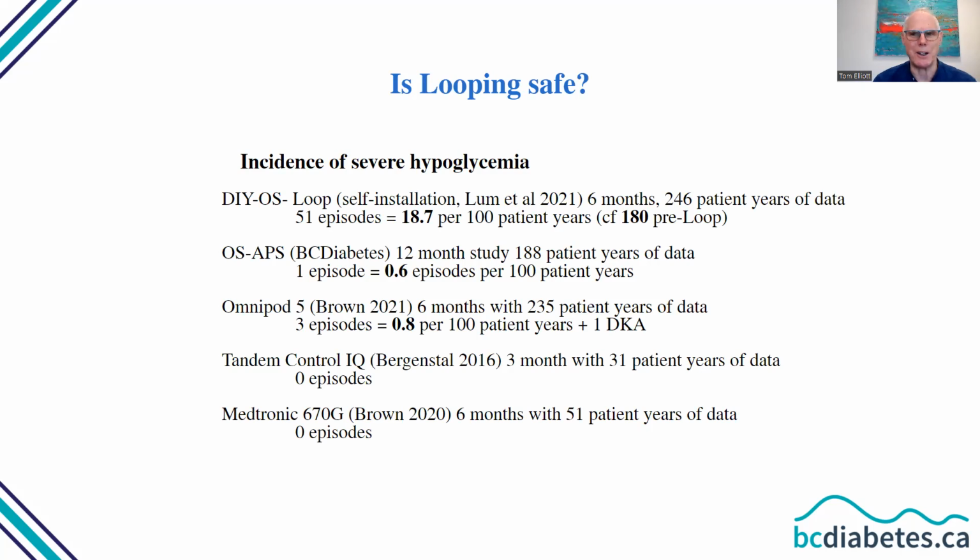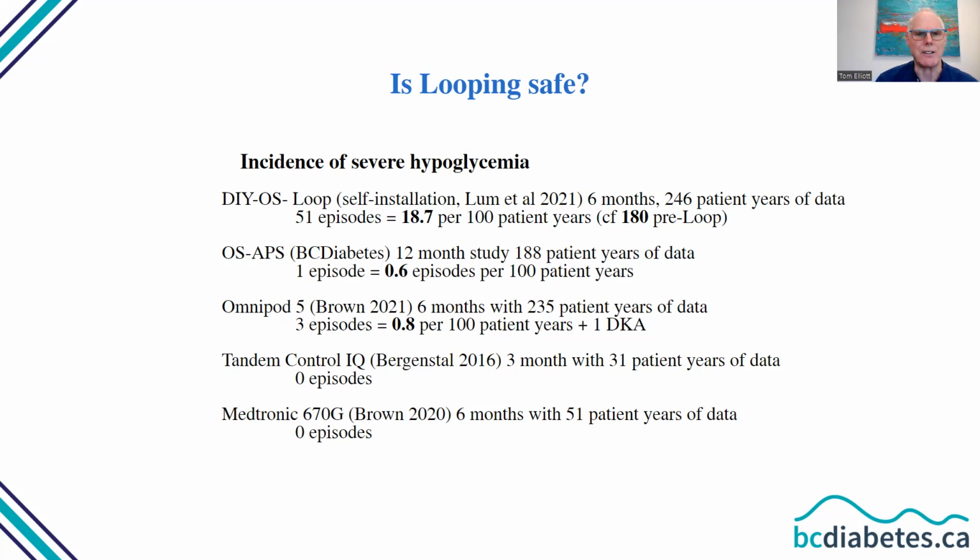What I've done to help answer the safety question is to compile incidents of severe hypoglycemia in published studies that I think are relevant to our discussion. I'm going to start with a large DIY safety study, published in Diabetes Care by Lum et al. last year.